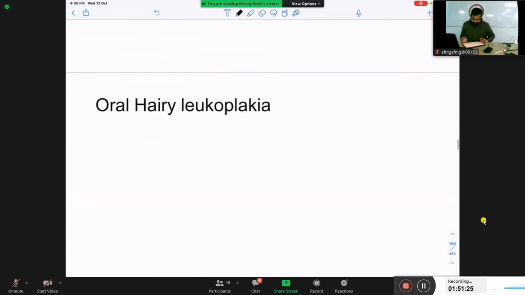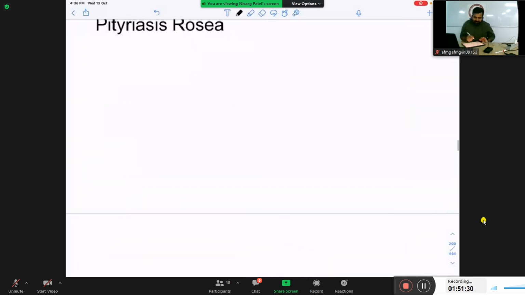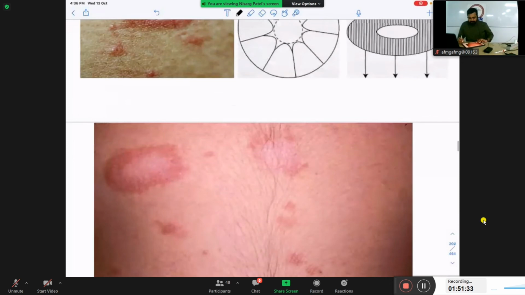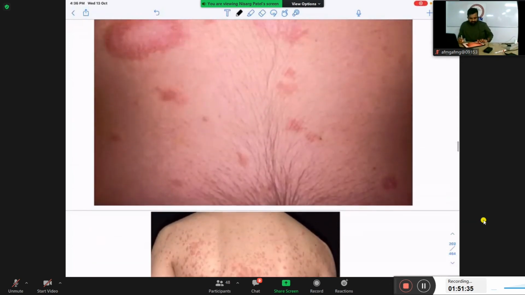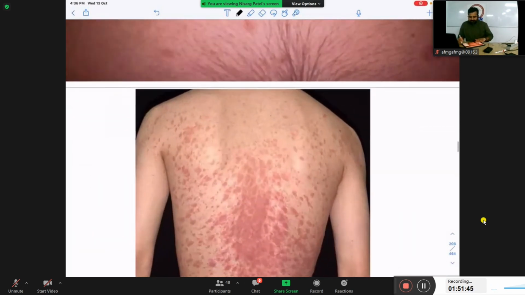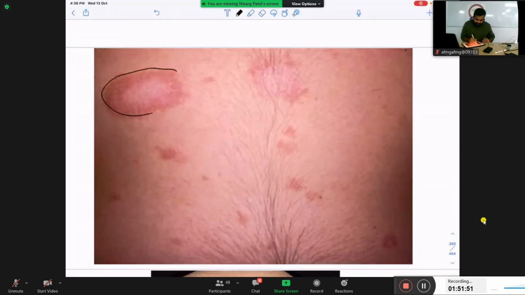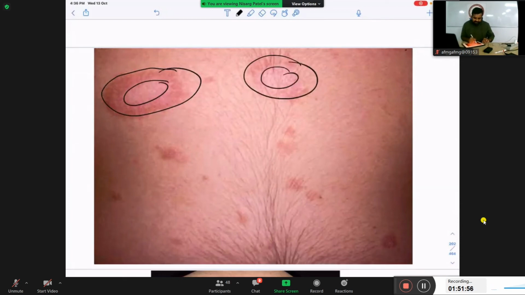So, see this pityriasis rosea. 3-4 important MCQs. They will ask the causative agent. Pityriasis rosea is different from pityriasis versicolor, right? In pityriasis rosea, as you can see, a large annular patch will appear, and after this you will see daughter small patches.